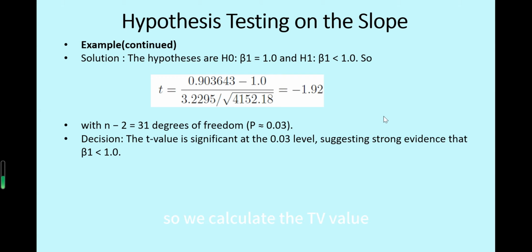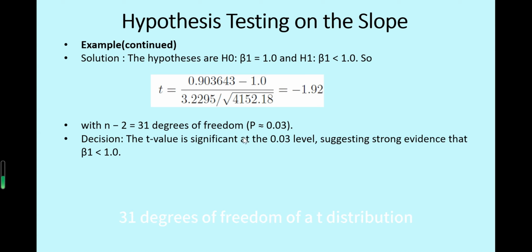So we calculate the t value, filling in the point estimate b1, and 1.0, the value we test against, divided by s divided by the square root of Sxx. This value is minus 1.92, and it follows a t distribution with 31 degrees of freedom.